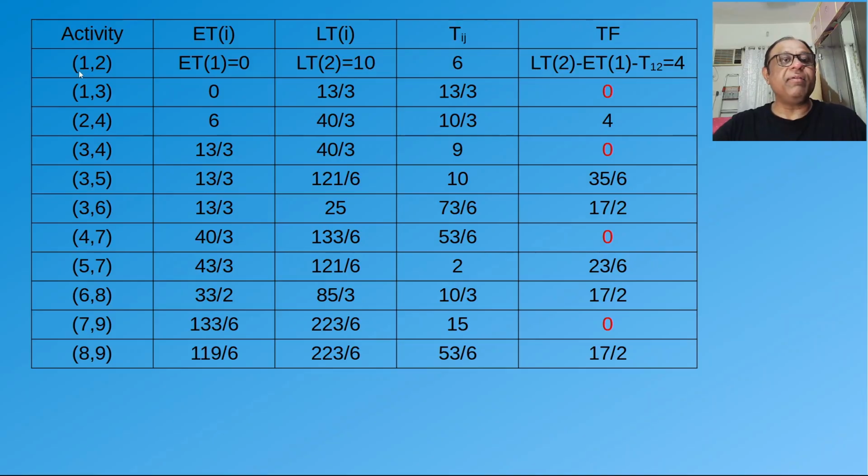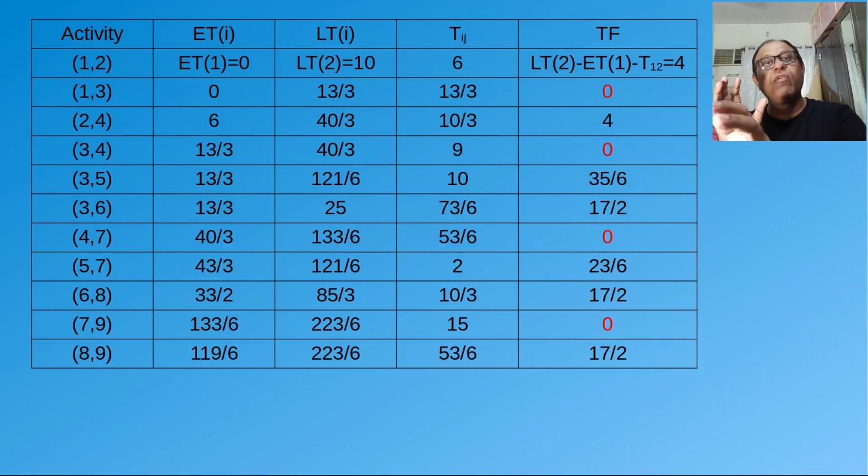Okay. For activity 1, 2, it's going to be 4 because LT2 is 10 and ET1 is 0 and Tij is 6. So you have 4. Now, what does total float mean? The early time for node 1 was 0.